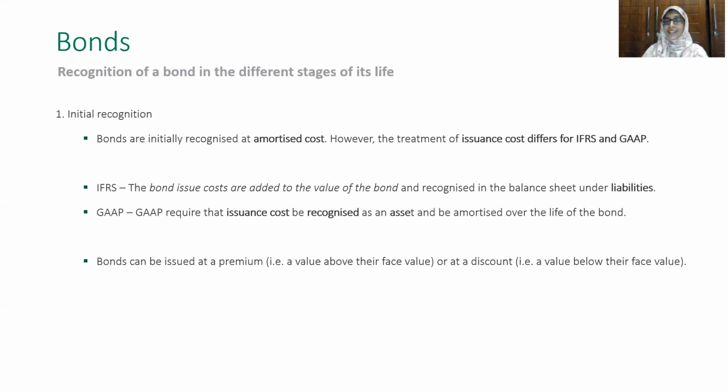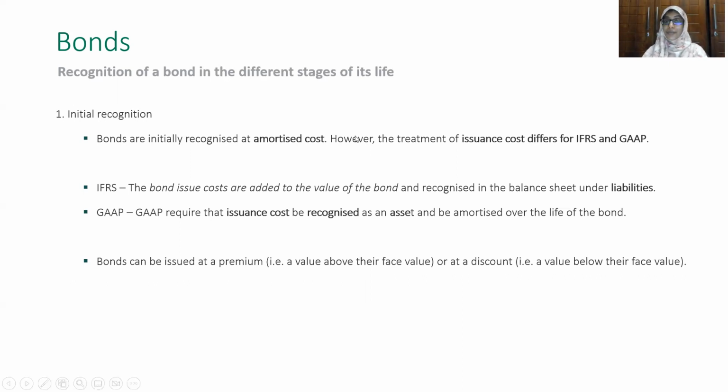So what US GAAP says is that this cost is actually an asset, because you incur this cost in order to get this bond. Therefore, it is amortized over the life of the bond. That is what I was talking about in amortization before.